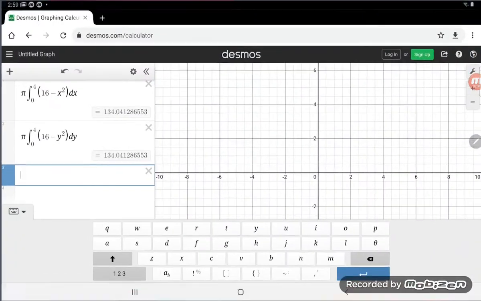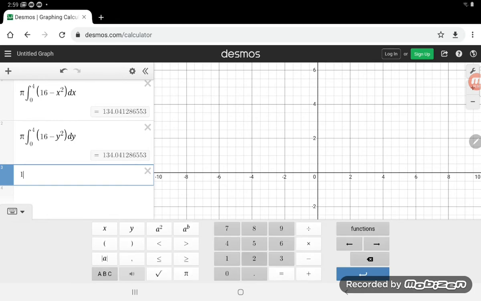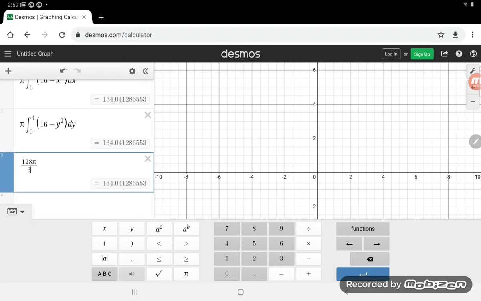So I did that first, and it worked just fine, got about 134, and then I tried it with the y's, and it worked just fine. And we had 128 times pi divided by 3, and so we did get the same thing that Desmos got.